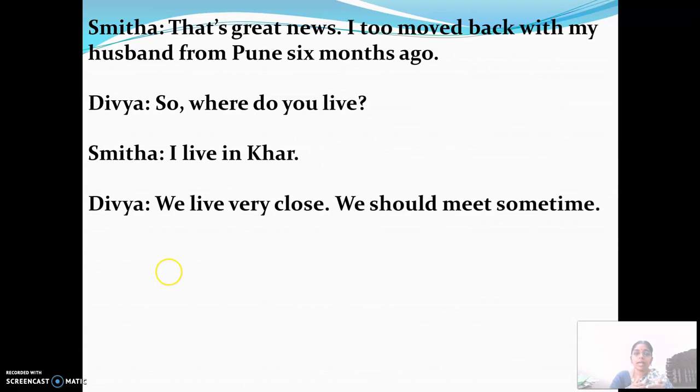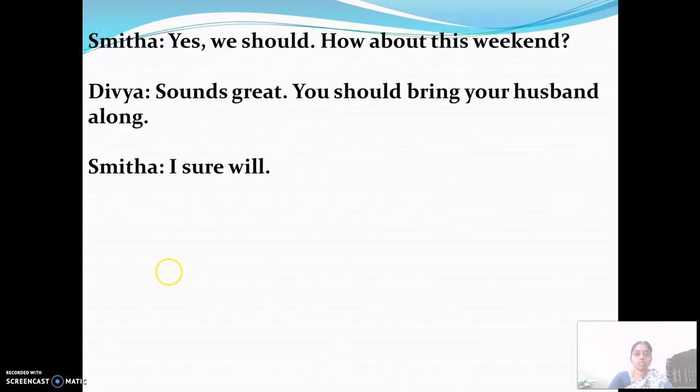Smita: I live in Khar. Divya: We live very close. We should meet sometime. Smita: Yes, we should. How about this weekend? Divya: Sounds great. You should bring your husband along.